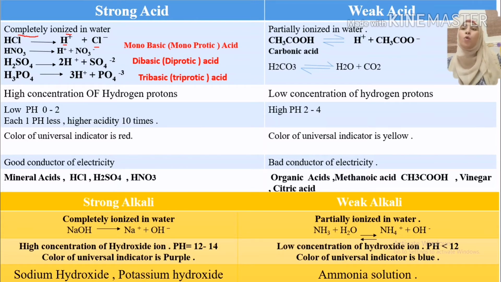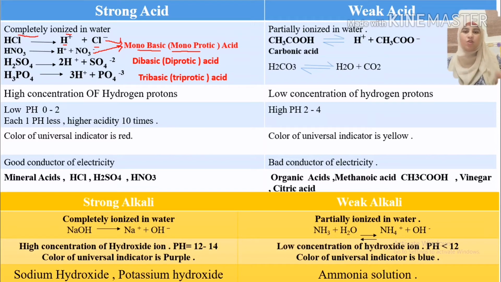So we have a monobasic, monoprotic acid; it can lose only one hydrogen proton. Nitric acid HNO3 can be converted into hydrogen proton and nitrate group. It is also a monobasic, monoprotic acid.